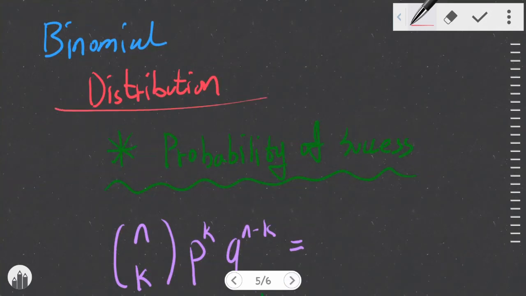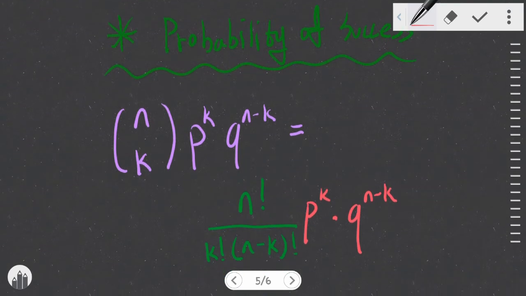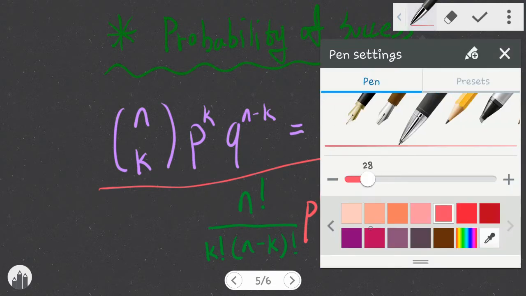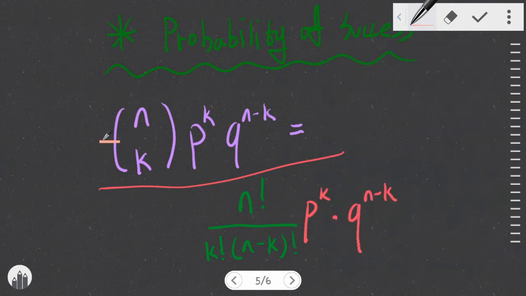Finally, we reached this stage. The formula here, as you can see, the purple equation, may give you a headache at first glance, but it's not that difficult in the end. The formula is, let me change the color here, n over k. As some of you may not know, this is usually how we describe combinations.